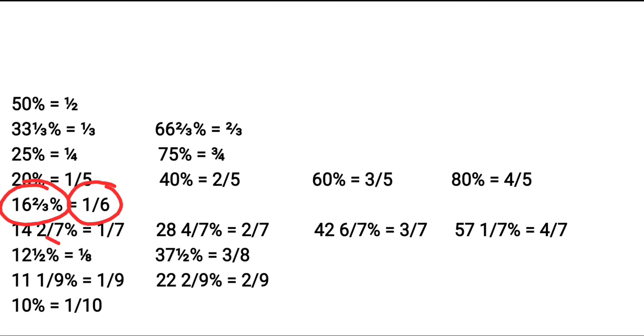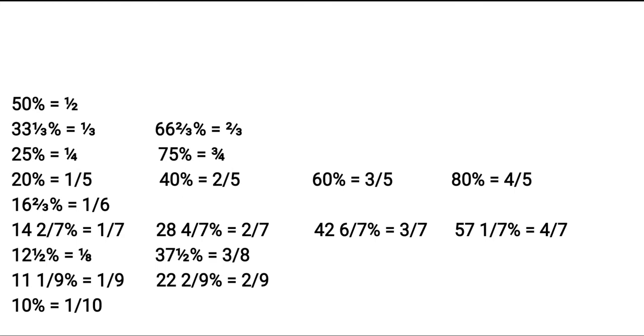If you get 12.5%, you should know that it is 1/8. This is very important, it will be useful for even profit and loss and so many other questions. So just note this somewhere and memorize it, this is very important if you really want to learn shortcut tricks.